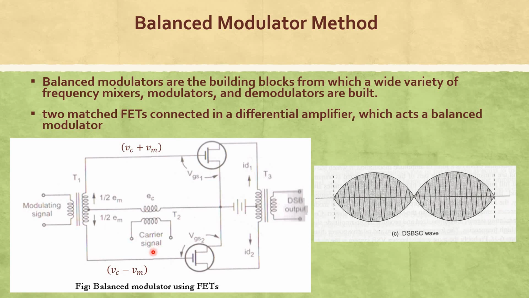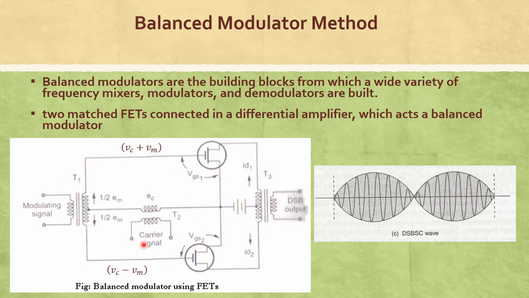If we apply only the carrier signal in the first mode, because this carrier signal is fed in phase to the gates of both field effect transistors, it will generate equal drain currents that are opposite in direction. So they will cancel together, and the net output is 0. So in the first mode of operation, we apply only the carrier signal. The message signal is 0.